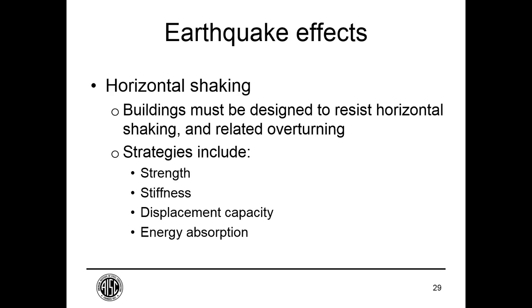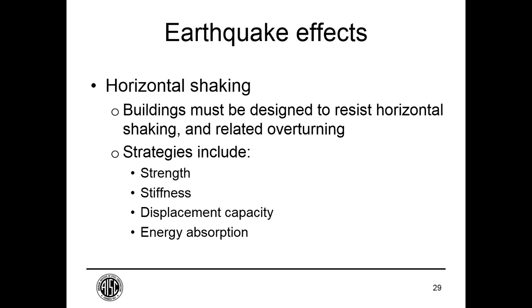We do this through a combination of strategies. We provide adequate strength and stiffness. Stiffness is important because the lateral deflection causes additional overturning moment. That's the P-delta effect. We provide lateral systems that have a large displacement capacity.